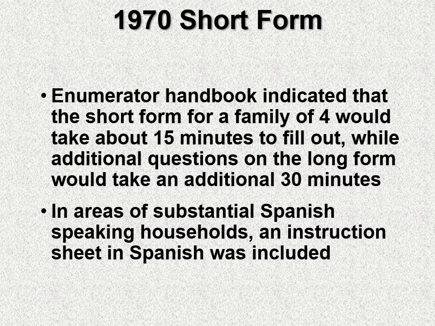So the enumerator handbook indicated that the short form for a family of 4 would take about 15 minutes to fill out, while additional questions on the long form would take an additional 30 minutes. And in areas of substantial Spanish-speaking households, an instruction sheet in Spanish was included.